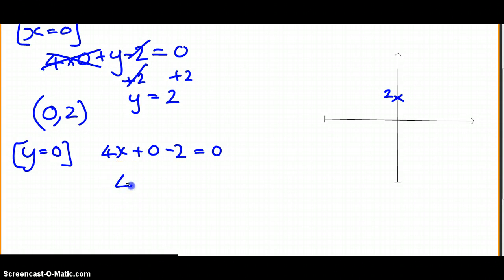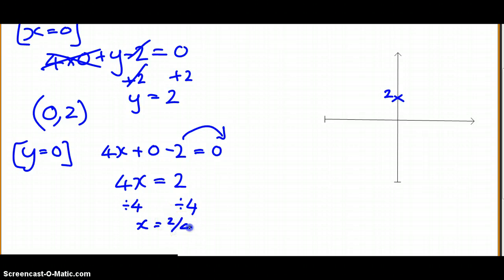I'm going to make it 4x equal to positive 2. I've taken the negative 2 and put it on the right hand side of the equation, and in effect I've added 2 to both sides. I've got a multiplication of x, so I'm going to divide by that same number, both sides.